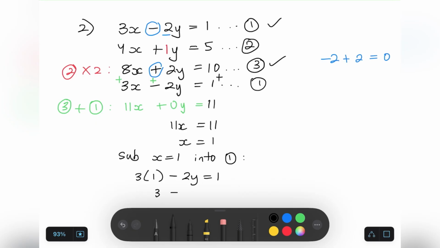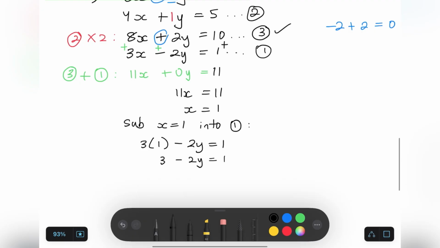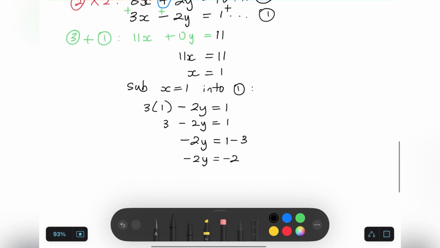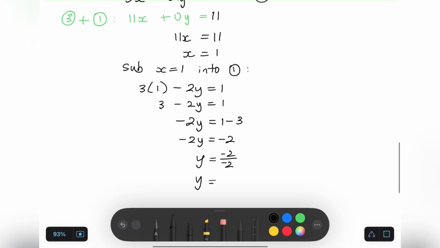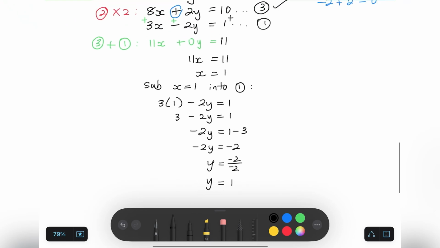So then 3 take away 2y is equal to 1, which means that minus 2y, you have to keep that minus in front of the 2y, right? That's the sign of the 2y. So minus 2y will be 1 take away 3, which means that negative 2y is equal to negative 2, and therefore y is equal to minus 2 divided by minus 2, which means that y is equal to positive 1.